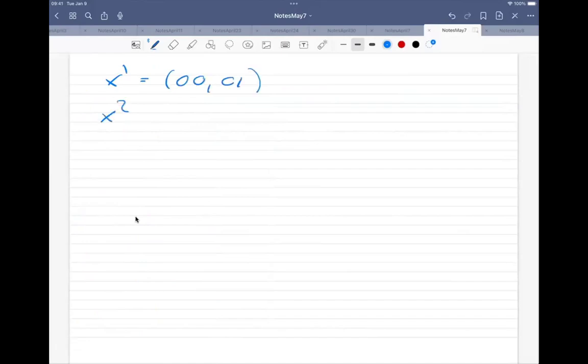And then we have another one, x2, which is just 1, 1, 1, 0. So when we write them in a binary pattern, this x1 could be written as a binary word like 0, 0, 0, 1. And this x2 could be written out as 1, 1, 1, 0.